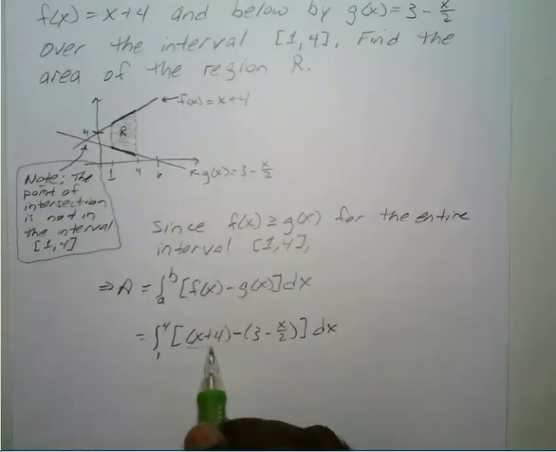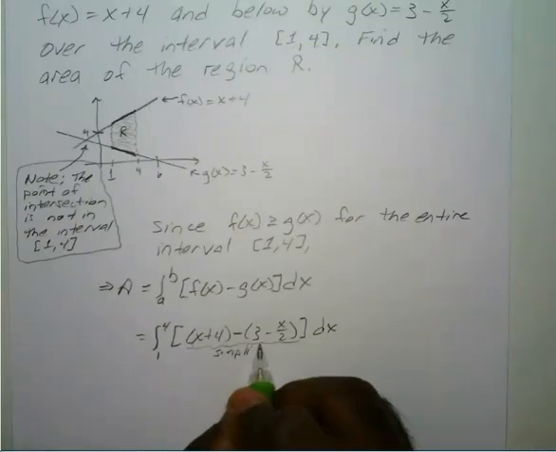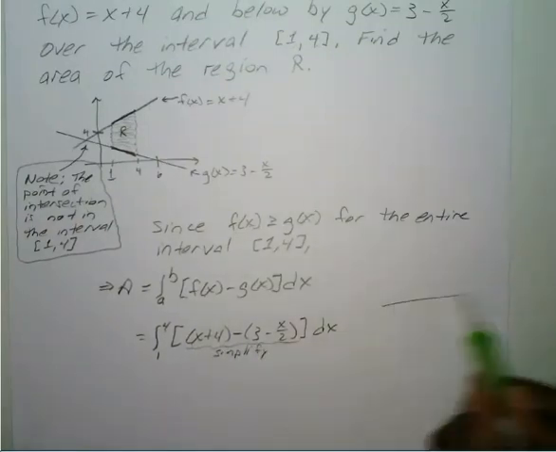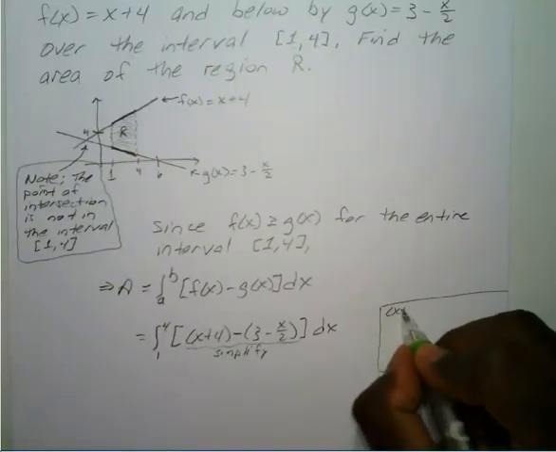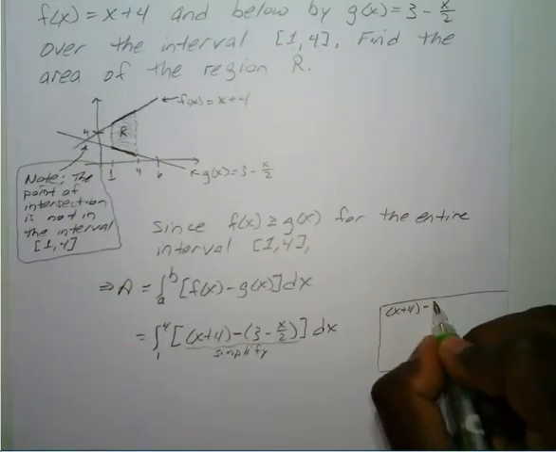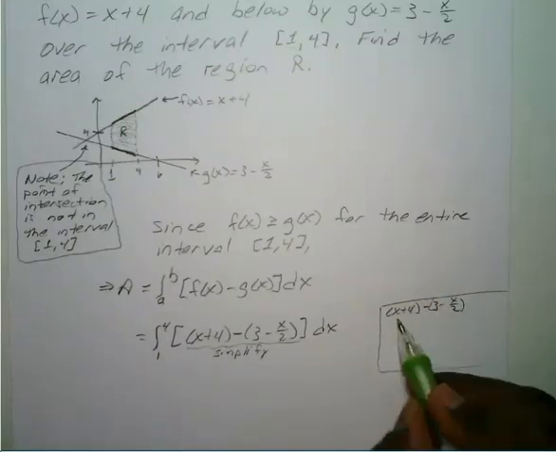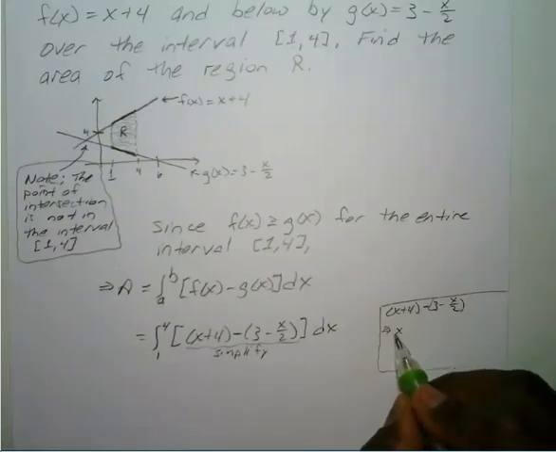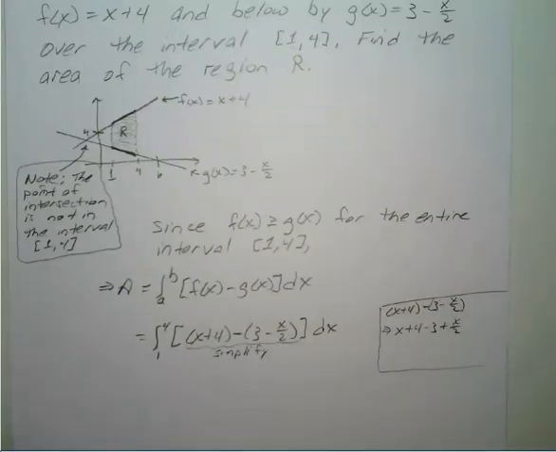Okay, now here we're going to combine our like terms, so I'll do that over on the side. x plus 4 minus 3 minus x over 2 gives us x plus 4 minus 3 plus x over 2 once we distribute our minus sign.